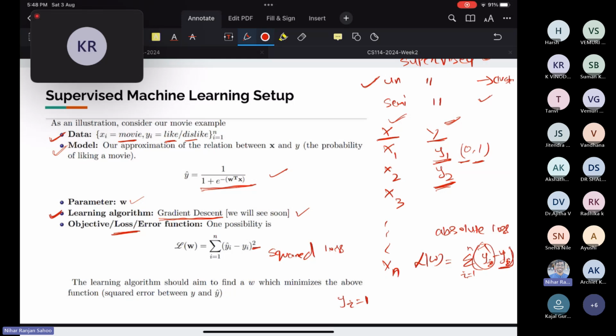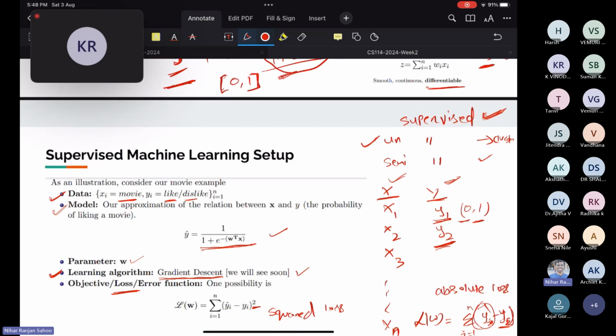In one iteration of the algorithm, yi1 hat is predicted to be 0.7.